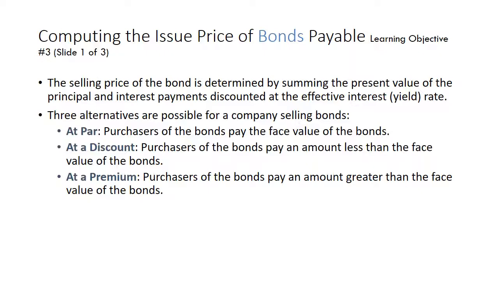You can buy a bond that pays 8%, or you can buy some other bond in the market that's only paying 7%. There'll be more of a demand for our bond that's paying 8%. This will drive the price above the face value. So purchasers will pay more than the face value, or the company will receive a premium. So those are the three ways a bond may sell.